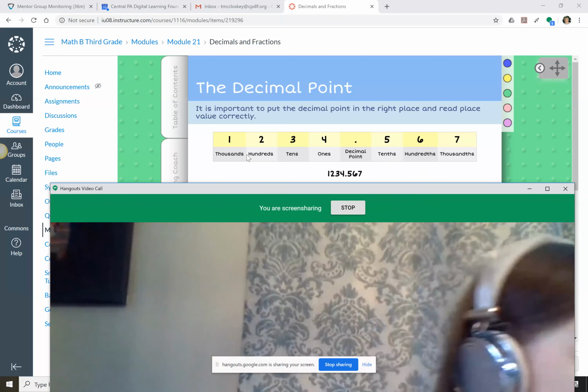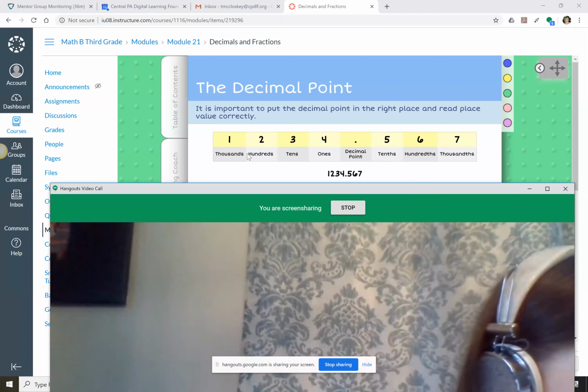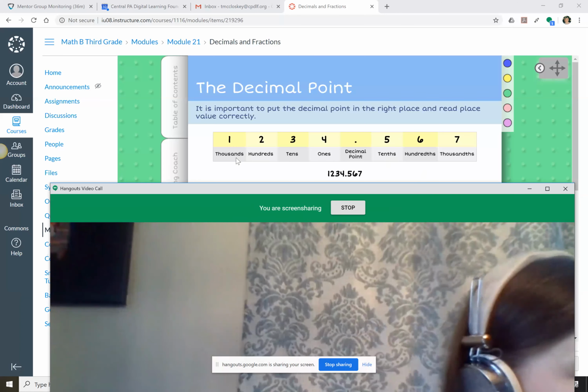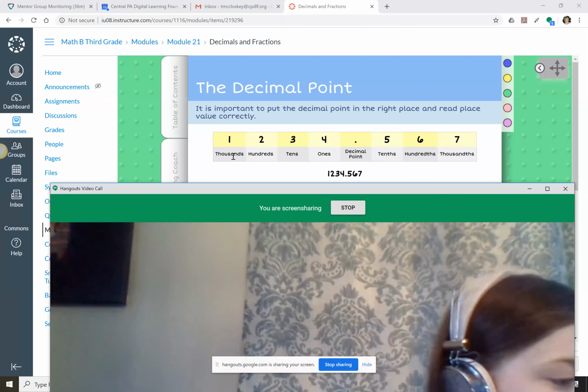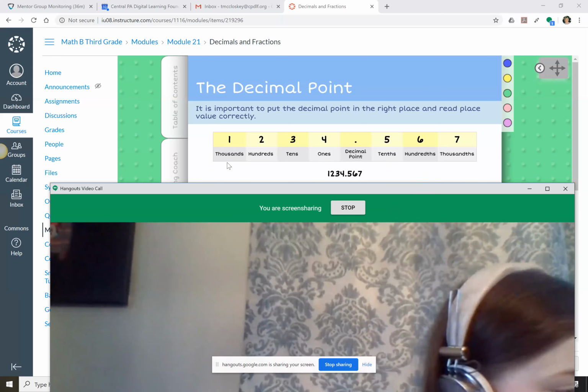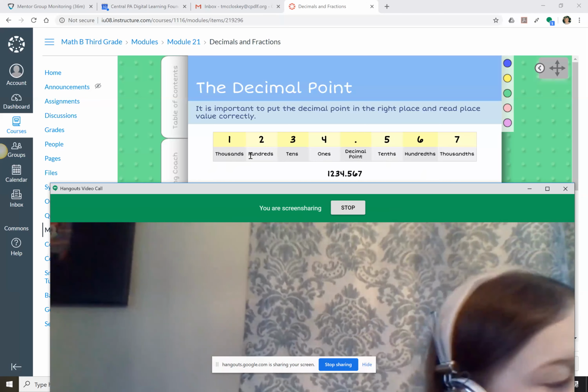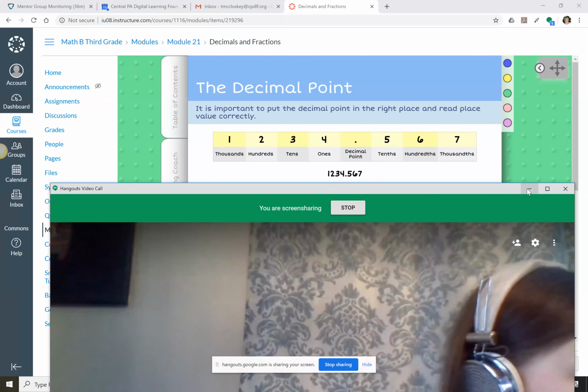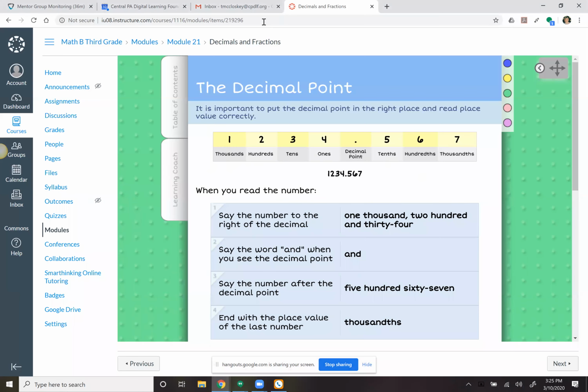Okay, did you break it into 8 pieces? And I want you to write in each piece the words, like thousandths, thousands, hundreds. Go ahead and do that and let me know when you're done.